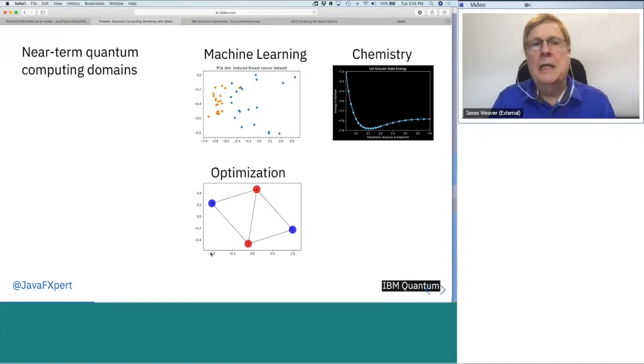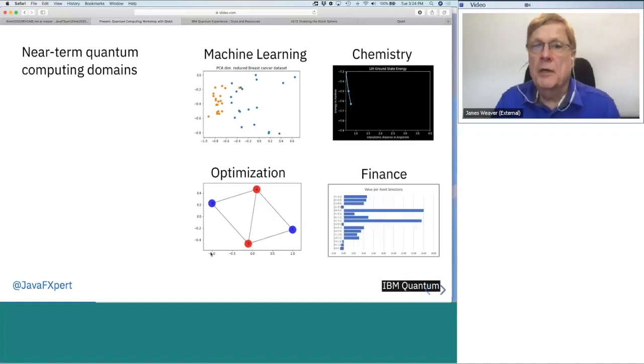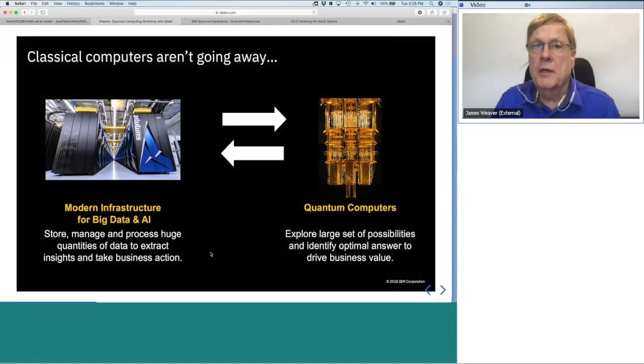But it's not like classical computers are going to go away. We'll always need, in my opinion, classical computers, high performance computers, to do things that are in the wheelhouse of classical computing.